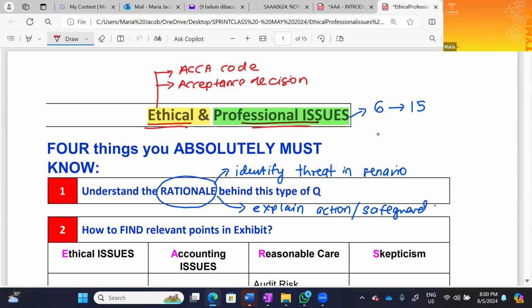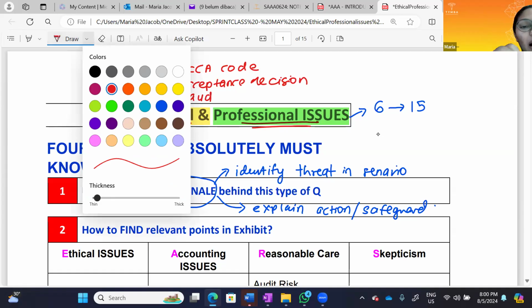Is there any ethical issue when it comes to your acceptance? It could be on fraud, it could be on non-compliance with laws and regulations, the ethical problem, and money laundering. So your answers around your ethical issue are probably on these factors.